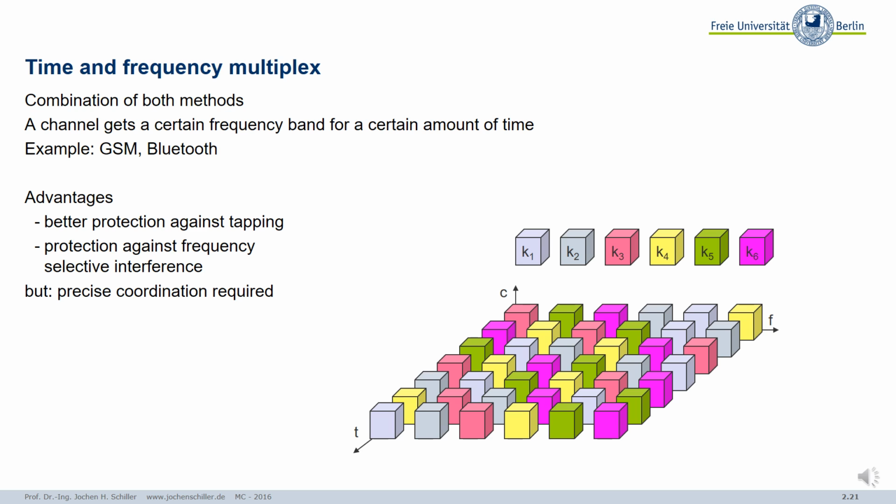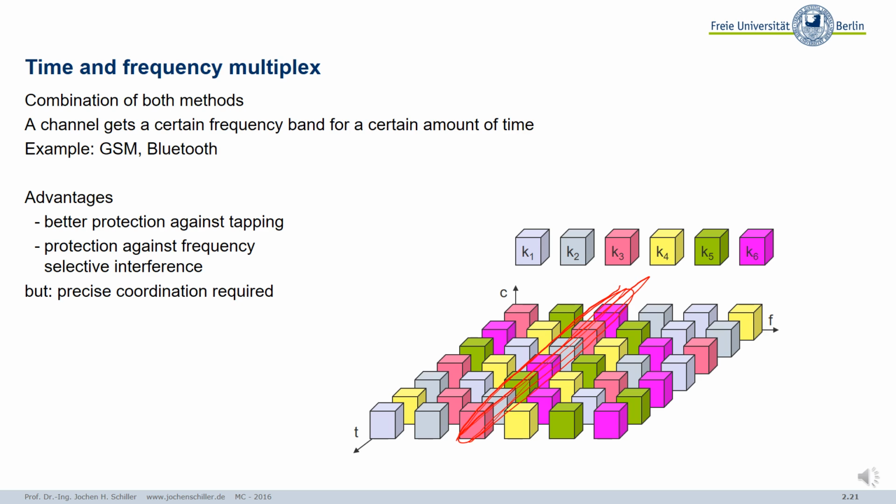So it does frequency multiplexing, also time multiplexing. The same can be done for GSM, so you can use different channels at different times. That's quite nice. For example, if you have frequency selective interference, so you have a lot of noise on this frequency, basically you destroy all the signals on this frequency.